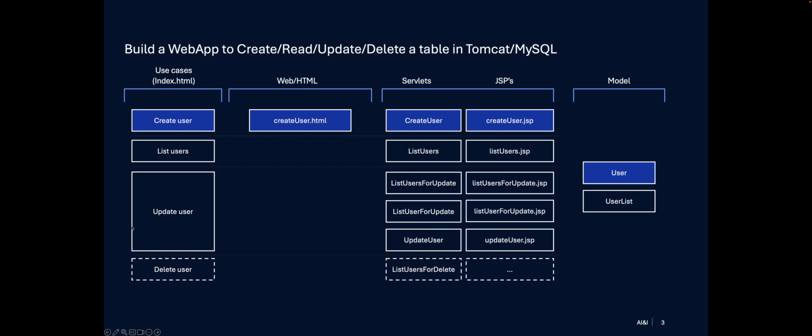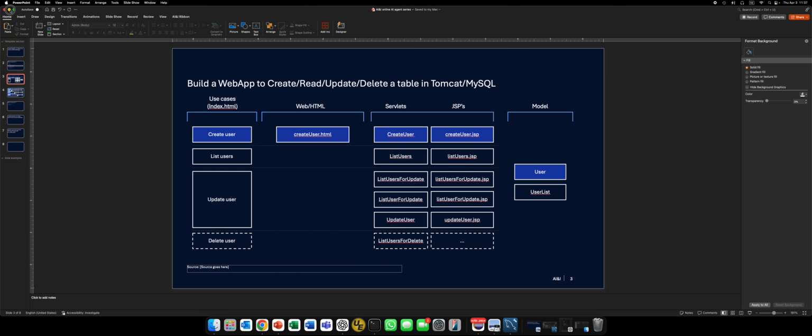And then we'll get back to the update user, which is a bit more of a back and forth use case where we're just going to first list them, then we'll select the one to update, and we'll actually do the update. But let's look at the first use case.